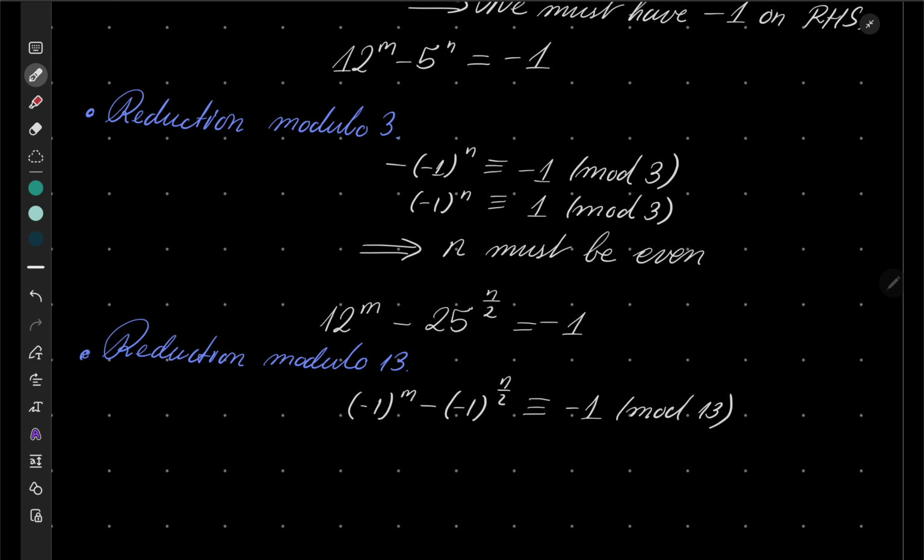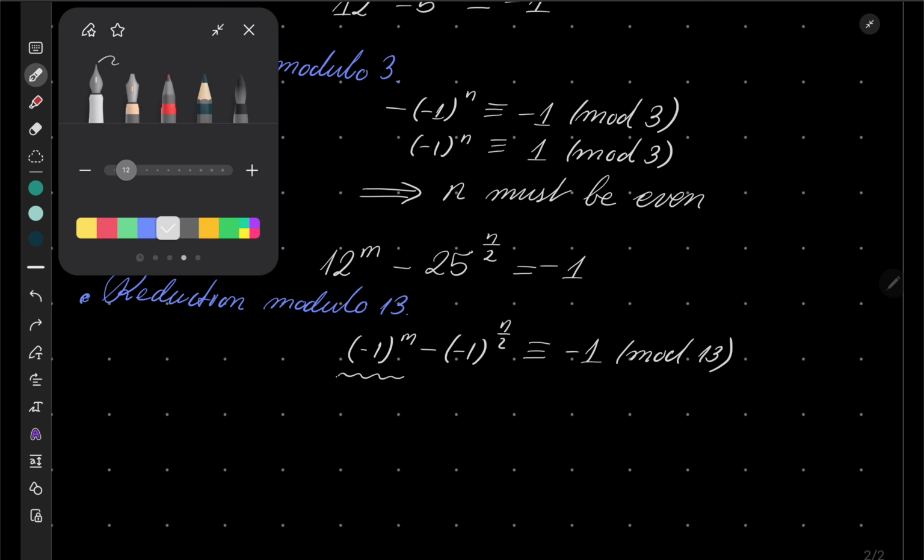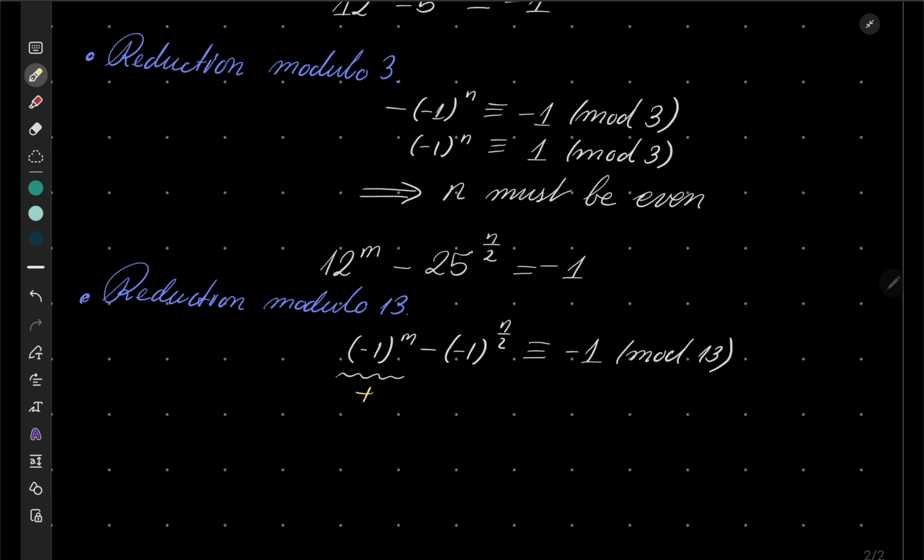But it's not possible. Why? Because on the left hand side, this can be plus or minus 1, and this part is also plus or minus 1.